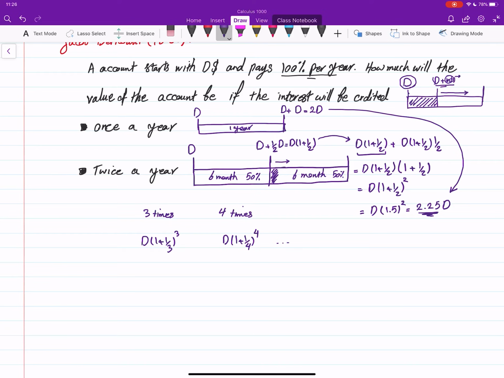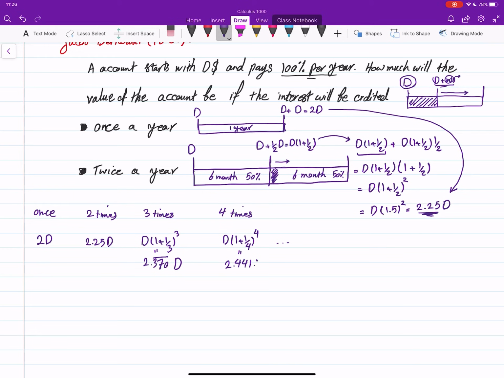Well, for 2 times we had 2.25D. For once we had just 2D. Here this number, I already have it somewhere, 2.370, repeating, times D. You see it's getting bigger, 2.441D.